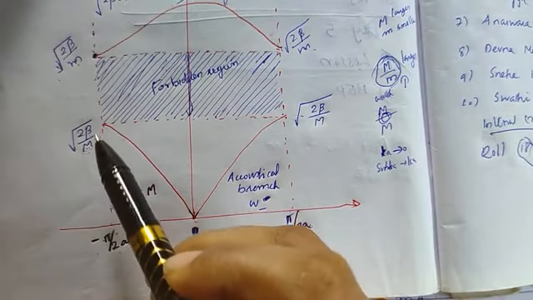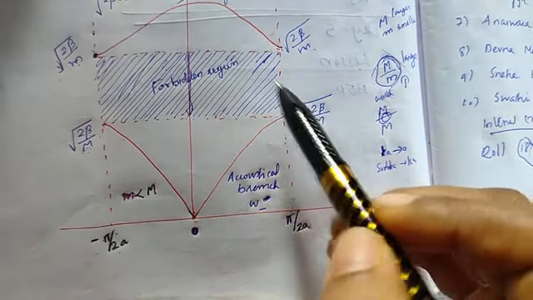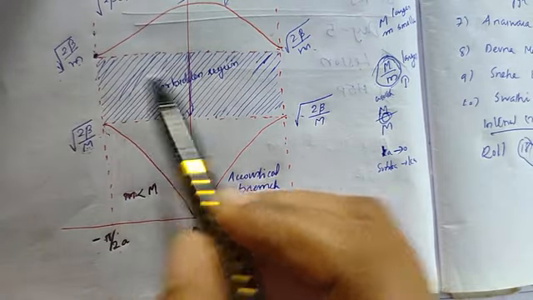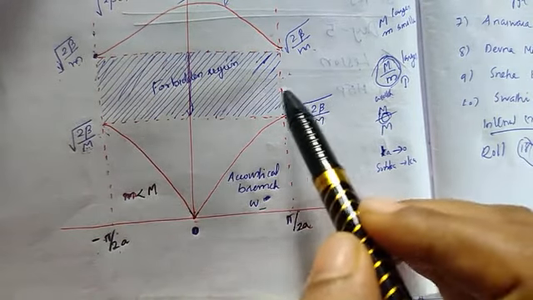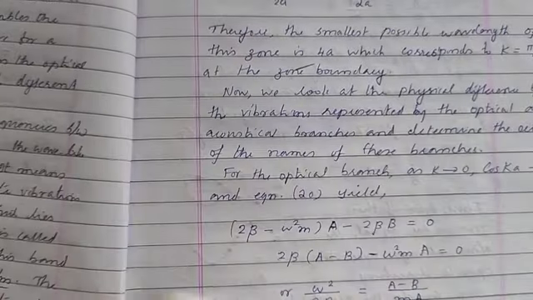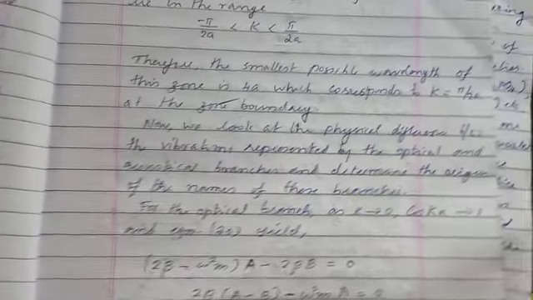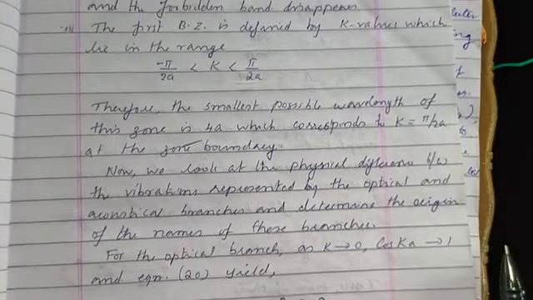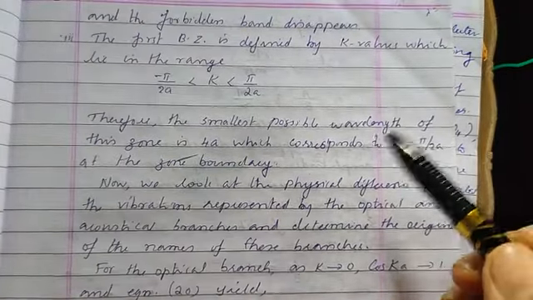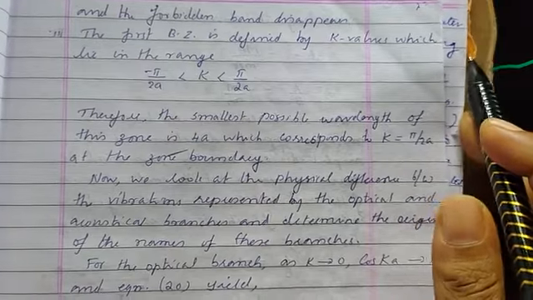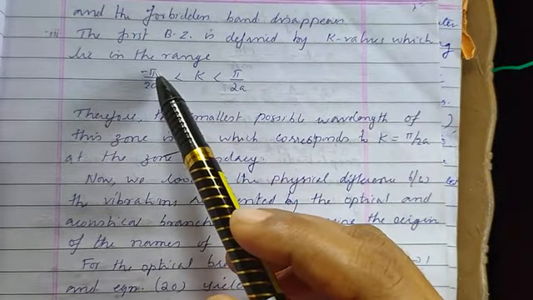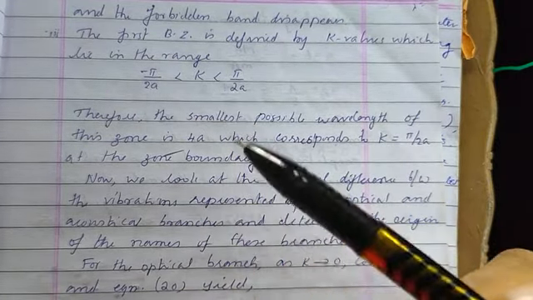The first Brillouin zone is defined by k values which lie in the range plus or minus pi by 2a.